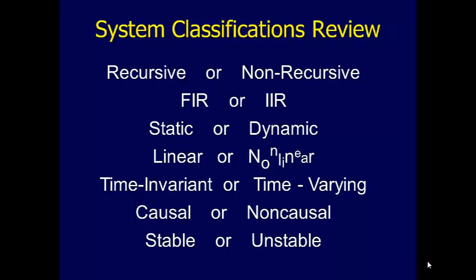And now we've got a set of tools for doing system analysis, finding the output for a given input and a given set of initial conditions, as long as it's linear and time invariant. The method works even if you have a non-causal system, even if you have an unstable system, as long as it's linear and time invariant.